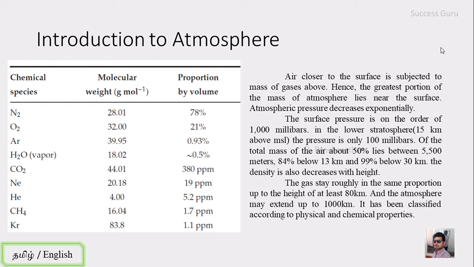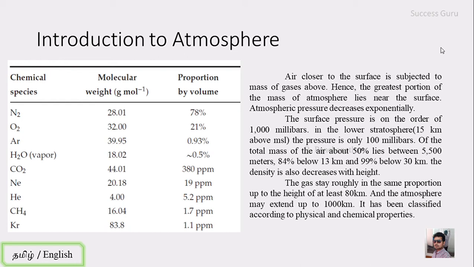Let me give an example. The surface pressure at the Earth's surface is somewhere near 1000 millibars, and if you move up to the lower stratosphere, somewhere near 15 kilometers from mean sea level, the pressure drops to 100 millibars, which is 1/10 of the pressure at the surface, right?